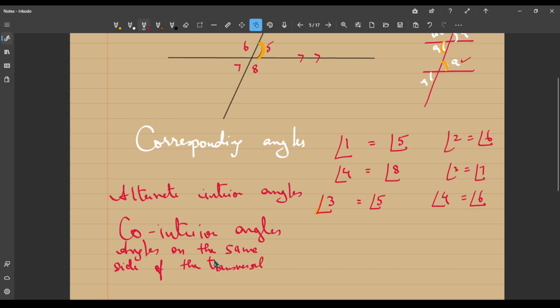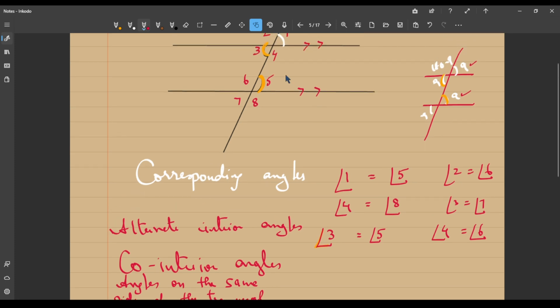So you would have correctly guessed these angles now: 4 and 5, and 3 and 6. Of course, interior, they are within the parallel lines. So what about 4 and 5?